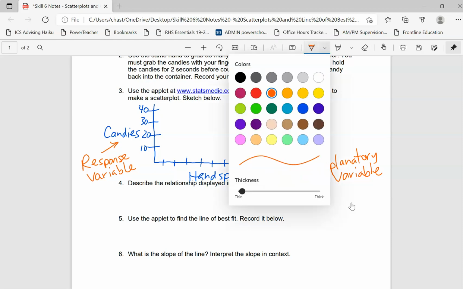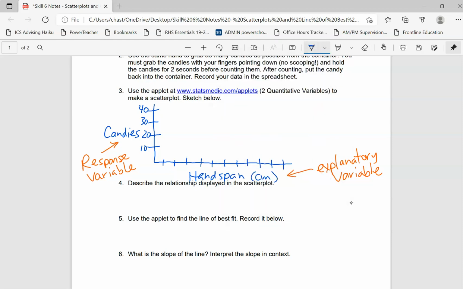All right, so let's say I collected this data. Oh, by the way, I should number these. And let's say from the class I had someone with a hand span of 17 grab 20 candies, and someone with a hand span of 17 and a half, let's say they can only grab 10.